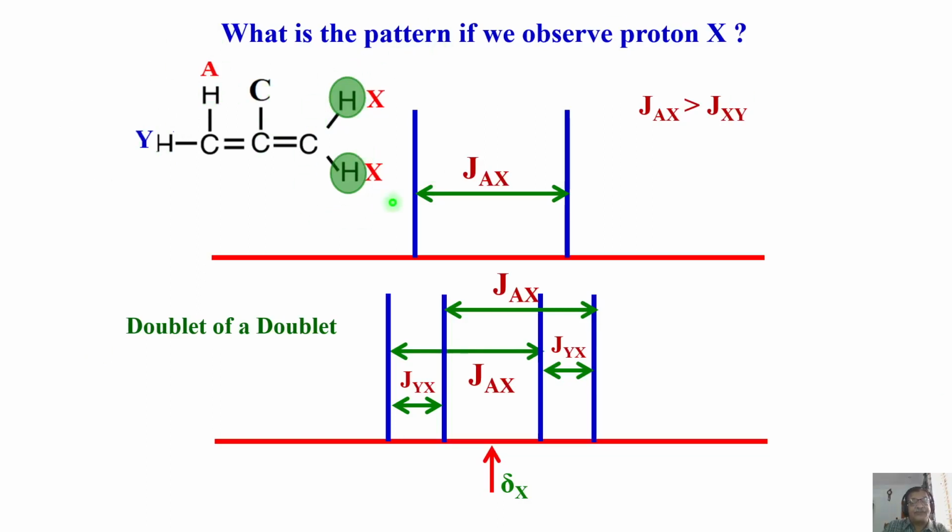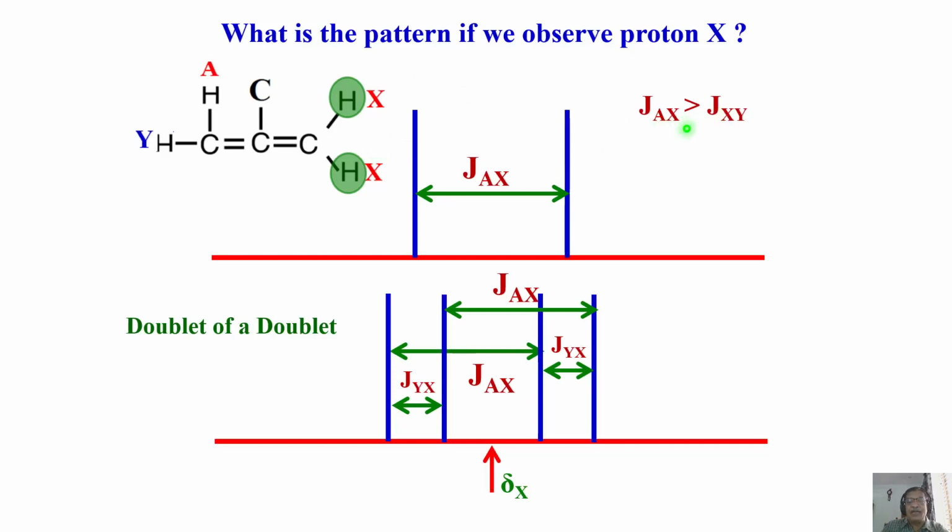Now I am looking at this: a larger doublet because of this and a smaller doublet because of this. So it's a doublet of doublets. The separations you can very easily measure. This gives you the J coupling AX and the further splitting gives you JYX. The center of this multiplicity pattern gives you the chemical shift. But remember always, if a particular proton is undergoing a multiplicity pattern, the corresponding chemical shift is always at the center.